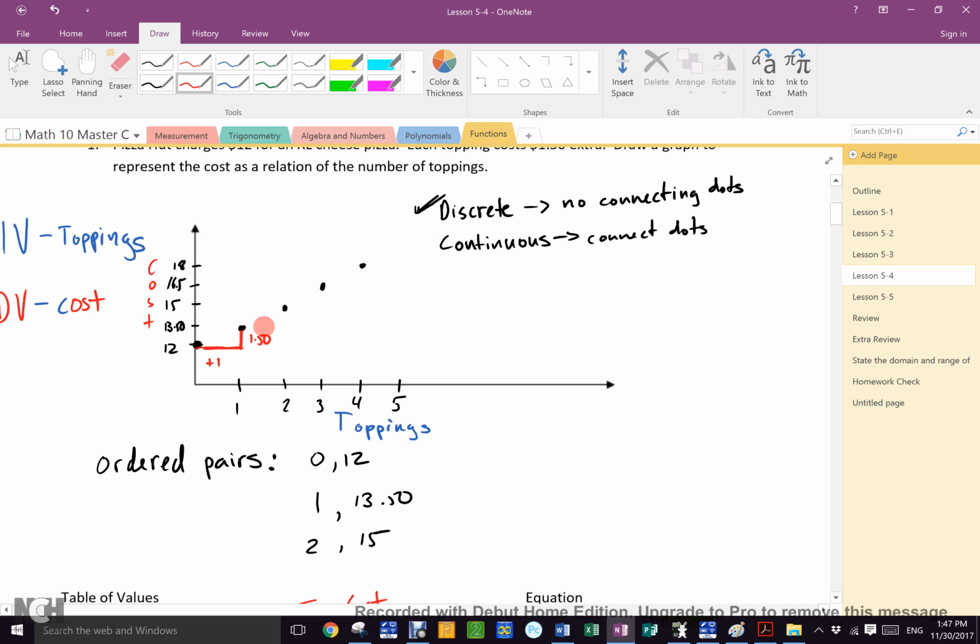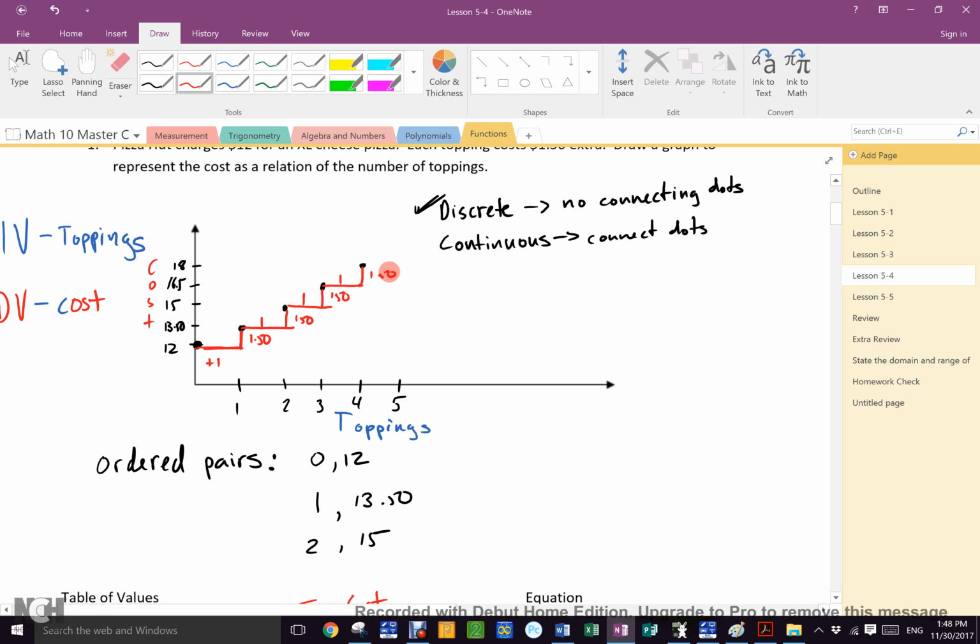What's the change there? 1.50. What's the change there? 1. What's the change there? 1.50.